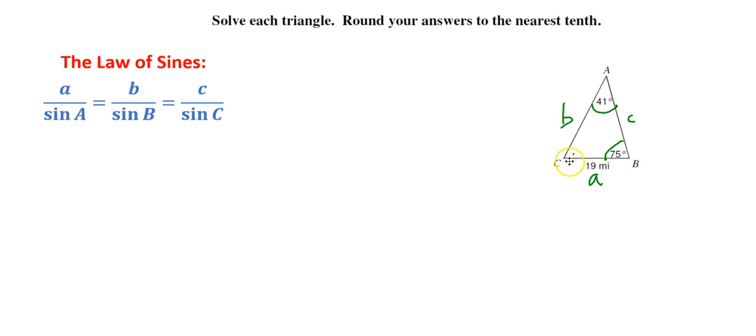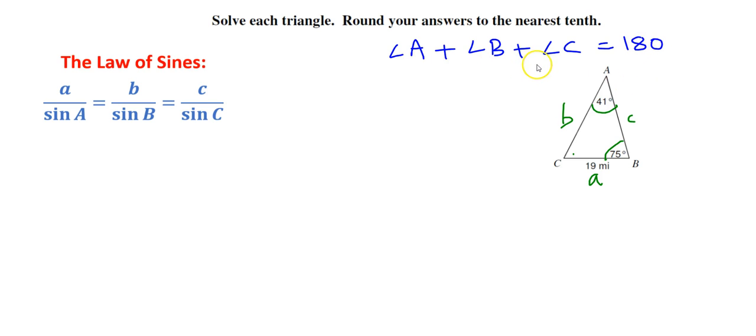In order to find the measure of angle C, I don't need the law of sines, but I already know that in triangle ABC, the measure of angle A plus the measure of angle B plus the measure of angle C is equal to 180 degrees.